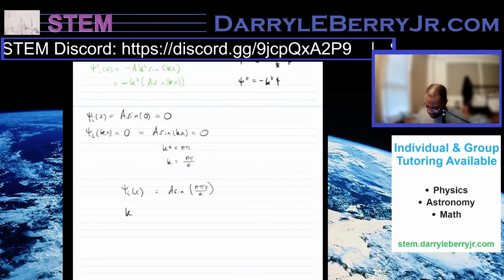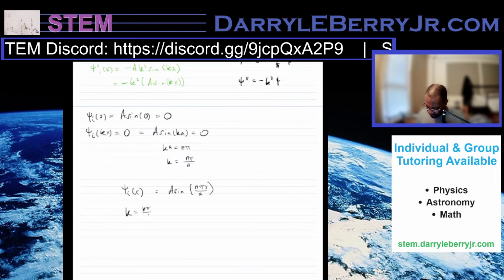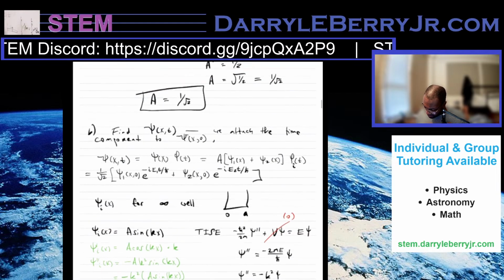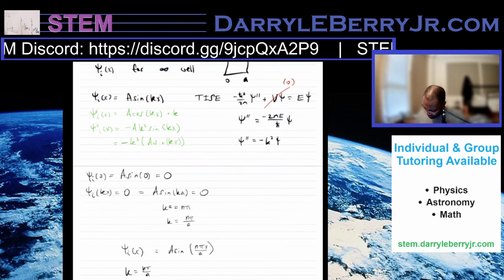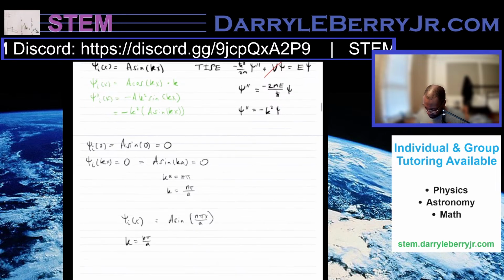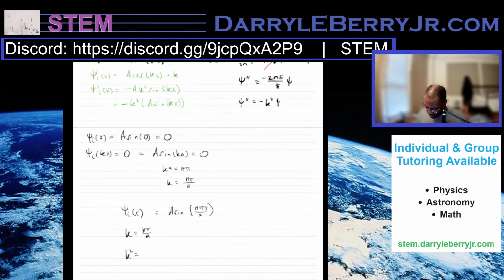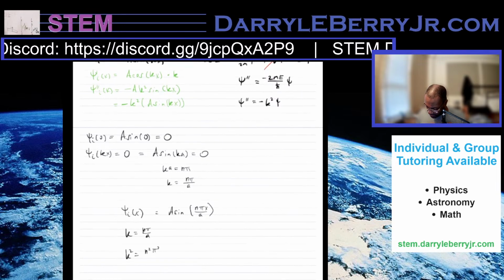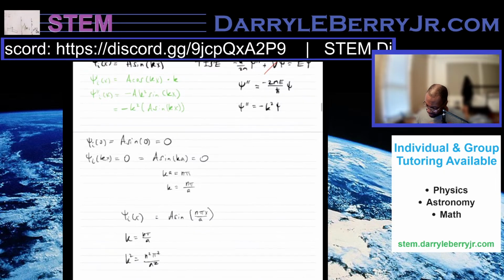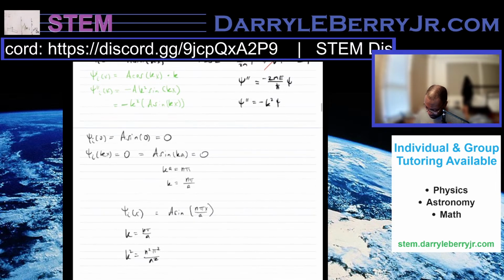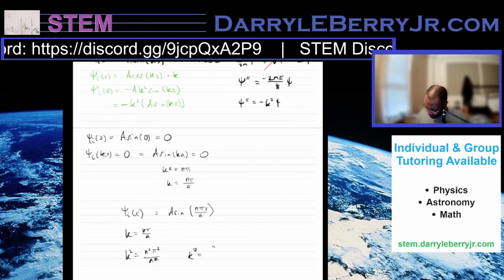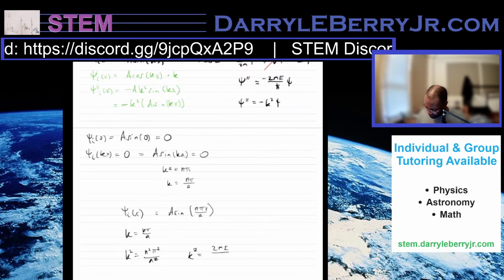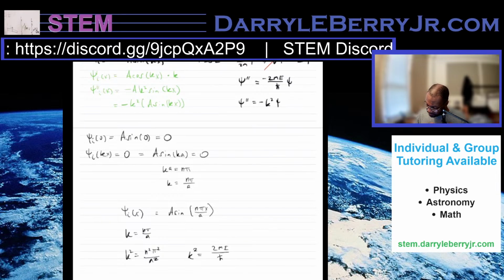And since k equals n pi over a, and k from here, so k squared equals n squared pi squared over a squared, and k squared from here equals 2mE over h bar squared from here.